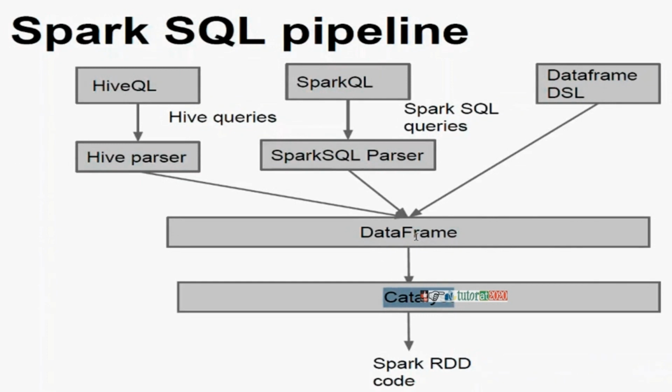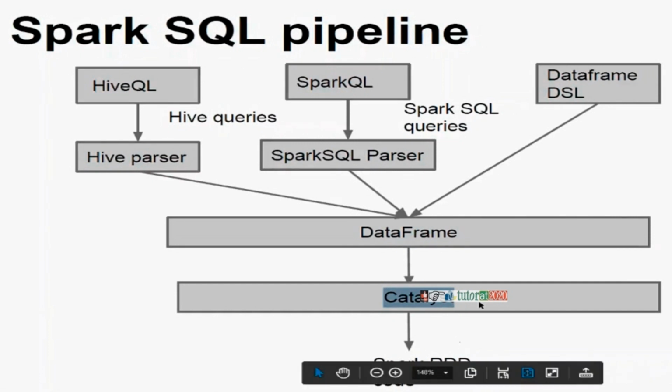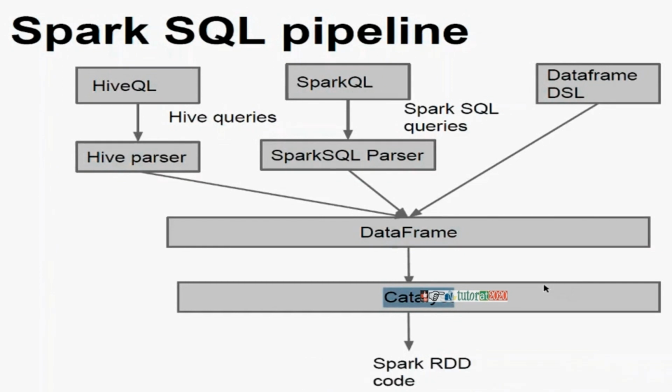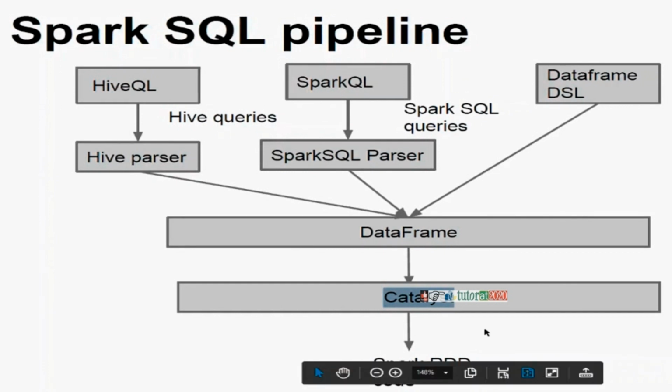The Catalyst API will optimize this processing, whether it is a Hive query, an SQL query or a DSL function. All of them will be processed using this Catalyst API and converted into Spark RDD code. So in turn, the data is still processed as RDDs.